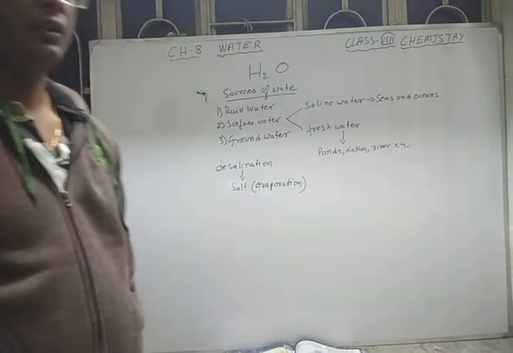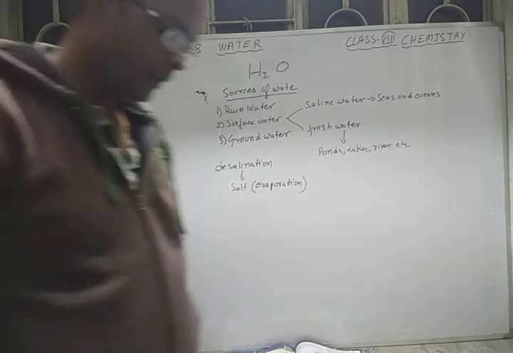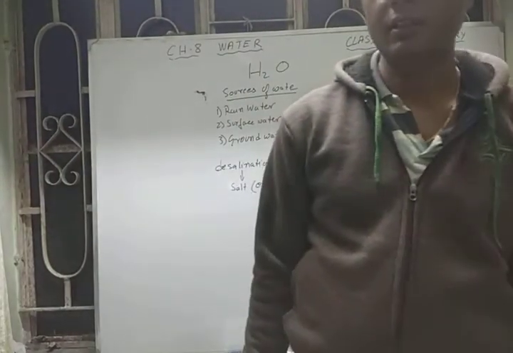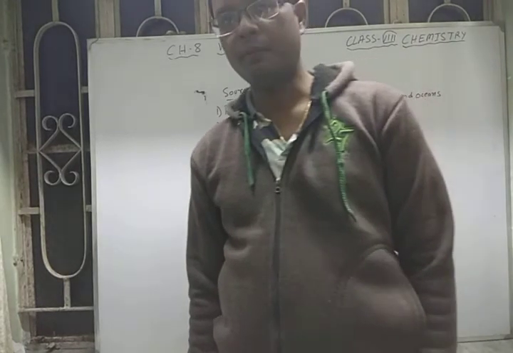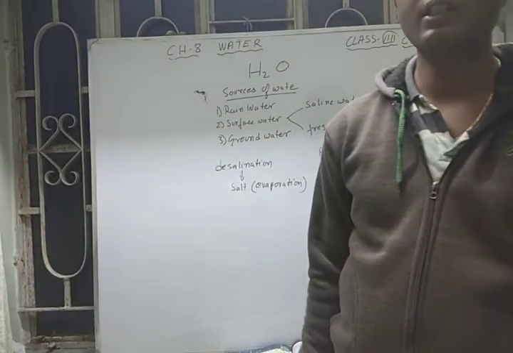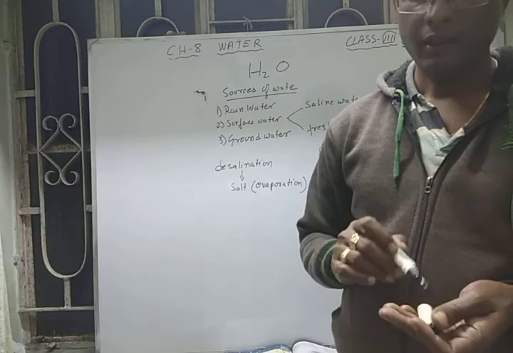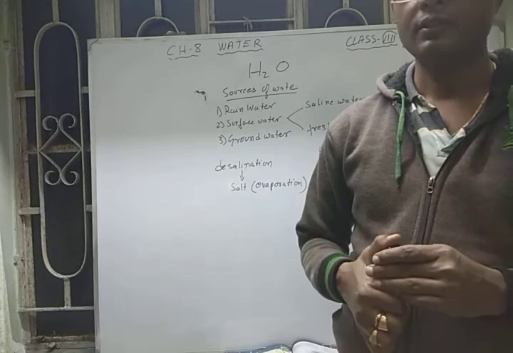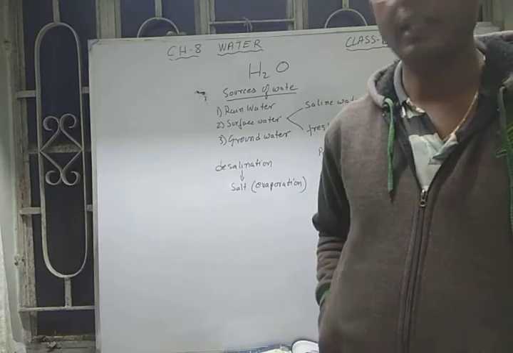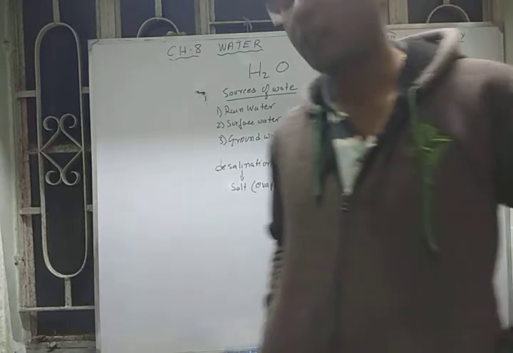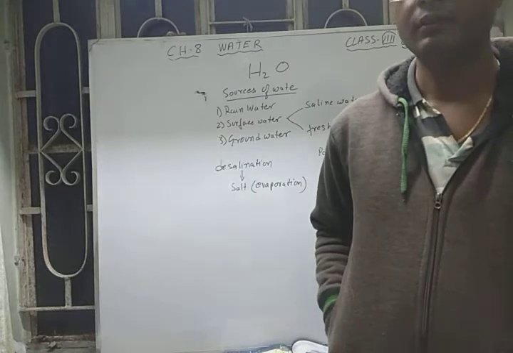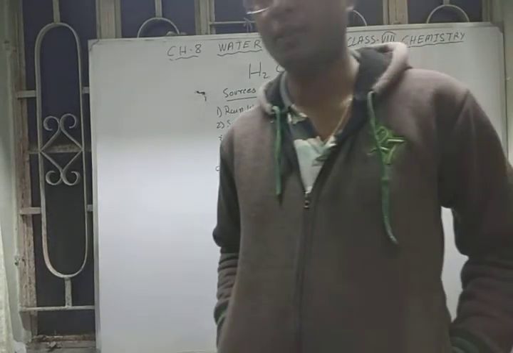So to collect that water vapor, we again have to do the process of distillation, which is a very slow process. So it's not practical to get fresh water from seawater by this distillation process.